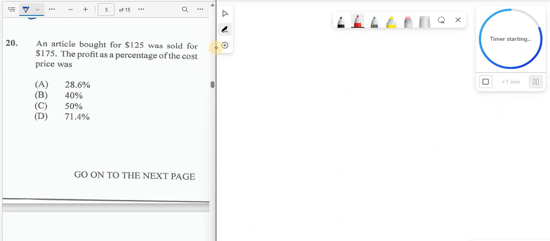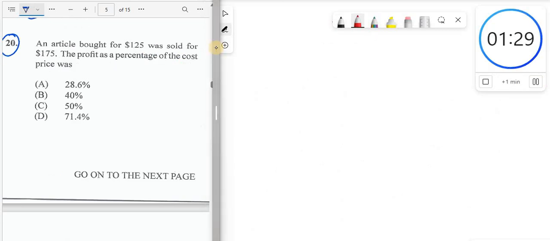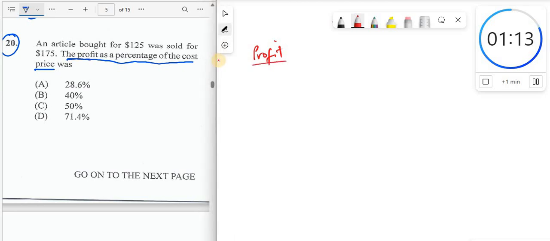Now let's look at question number 20. They want the profit as a percentage of the cost price. So it means you're going to have the profit. We're involving two things, profit and cost price. So profit over cost price. You're expressing the profit as a percentage of the cost price.